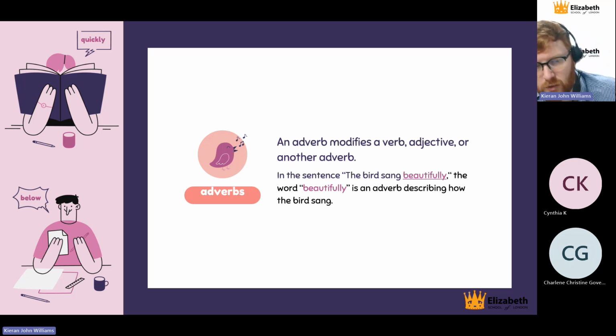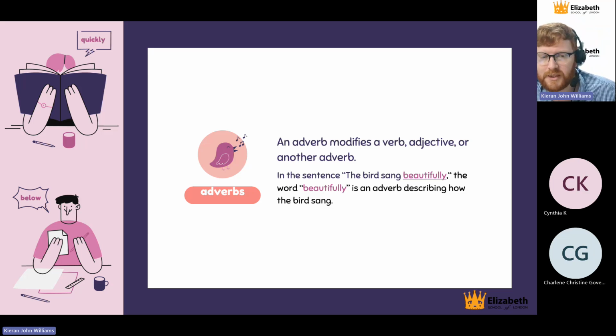We're coming closer to the end here now. The next word type we're going to have a look at is adverbs. Adverbs describe a verb or an adjective or another adverb. Adverbs tell you how you do something.